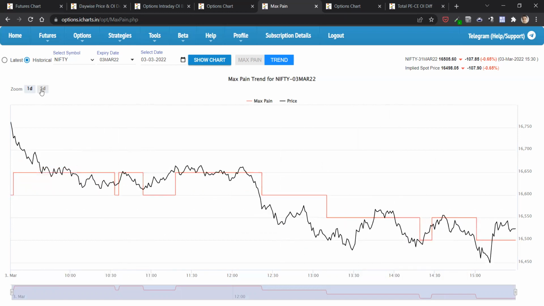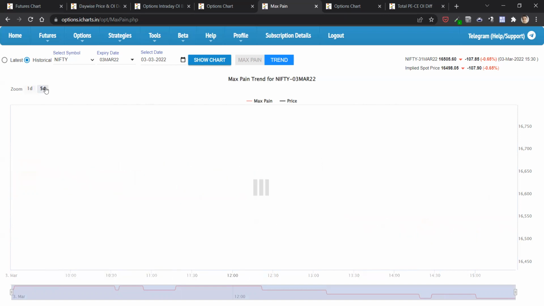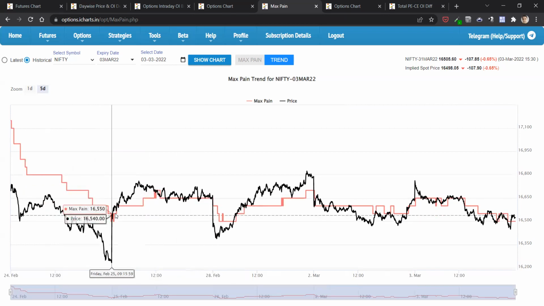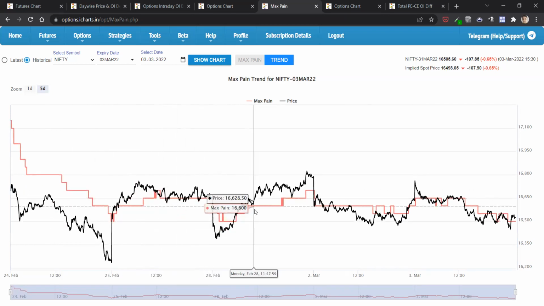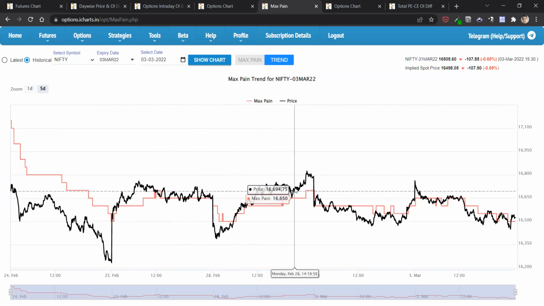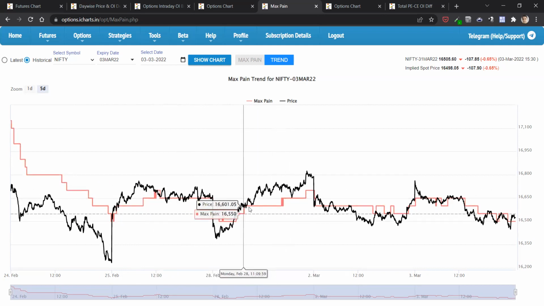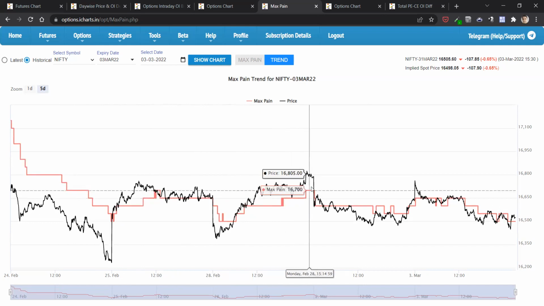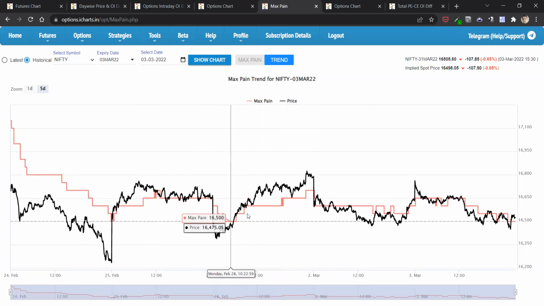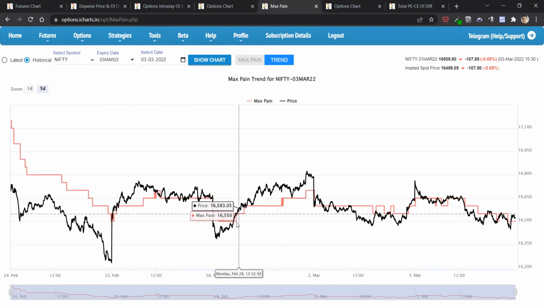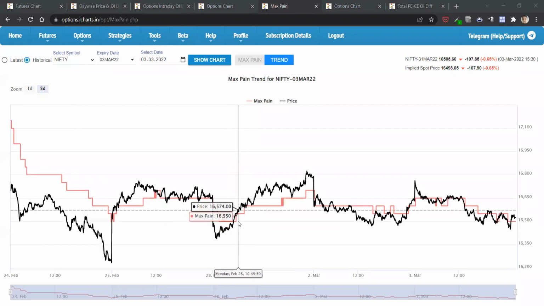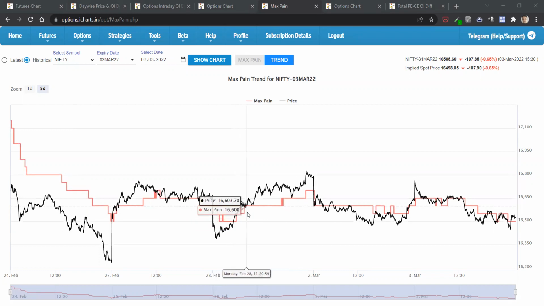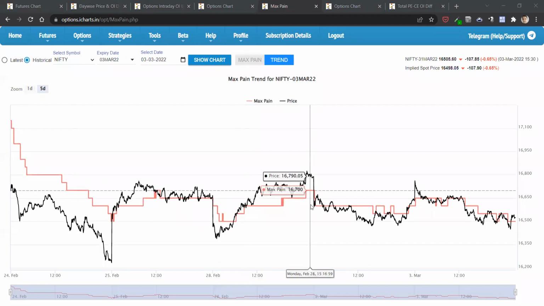So for positional, look at 5 days, because generally what people do is, whichever side this max pain trend is going, they do their adjustments on that side, because they feel that is the direction the price is going to continue. For example, if price moves up and max pain also moves up, then people tend to adjust in that direction, tilting the bias that way until it starts changing.